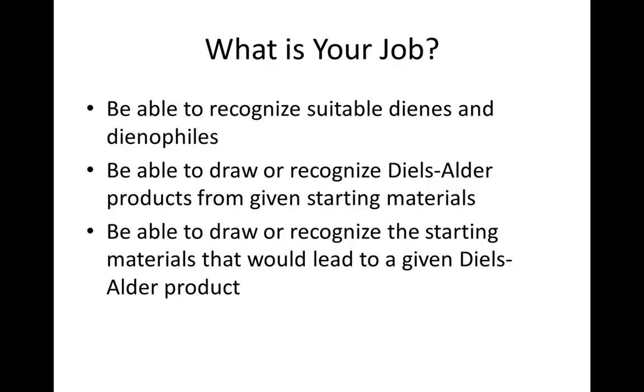You should be able to draw or recognize products of Diels Alder reactions from given starting materials, or if you have a product, to be able to tell what would have been the starting materials that would enable you to create that. And that is the end of chapter 14.